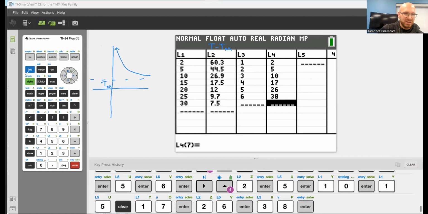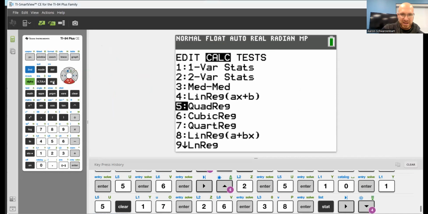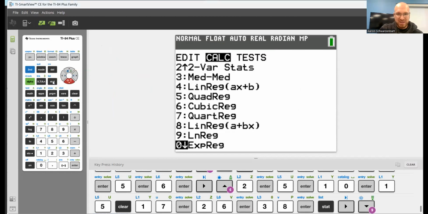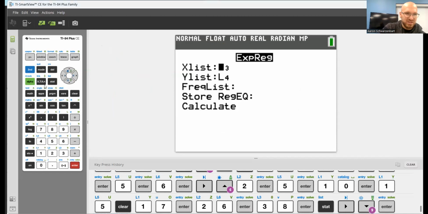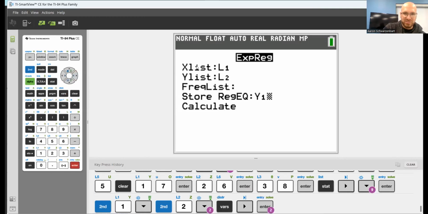So to calculate this, I'm going to clear those off for a second here. I'm going to do stat, and then I'm going to go to calc. And I'm going to do ln reg. No, I don't want ln reg. I want exponential reg. ln reg would be a logarithmic regression. I want exponential regression. My data for this one is in L1 and L2. I'll store my regression equation in Y1.